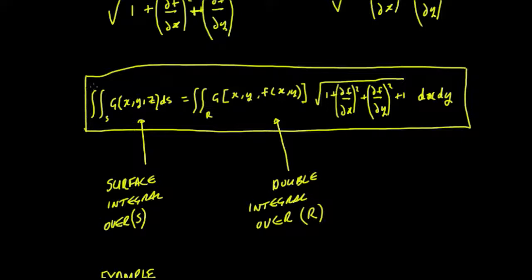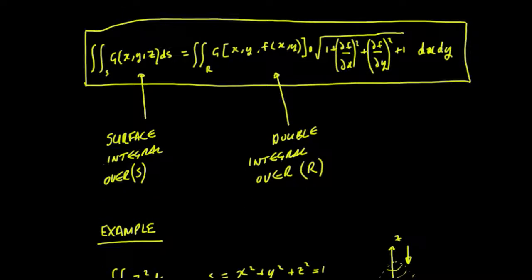We've got our original surface integral of our scalar function, and that is equal to the double integral over some region of our same function, x, y, f of x, y, times this value here, the root of 1 plus partial f by partial x squared plus partial f by partial y squared, dx dy. So this is a surface integral over some surface S, and that is equivalent to a double integral over some region R.